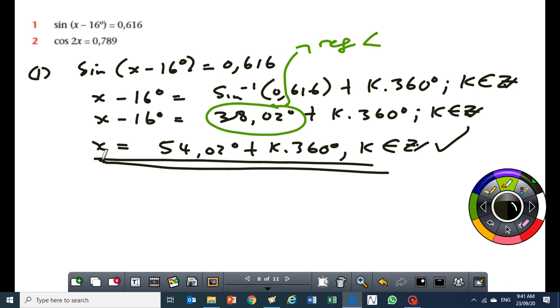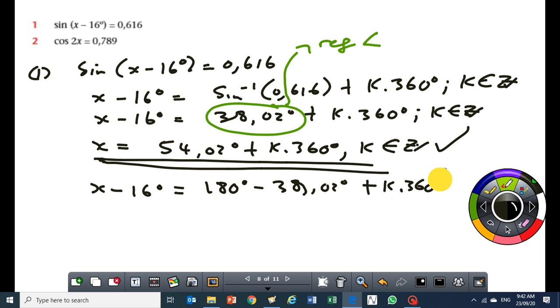So we rewrite whatever is on the left hand side: x minus 16 degrees is equal to, we subtract this reference angle from 180, because I want to find the angle in the second quadrant which corresponds to it. So 180 minus 38.02 degrees plus k times 360 degrees.